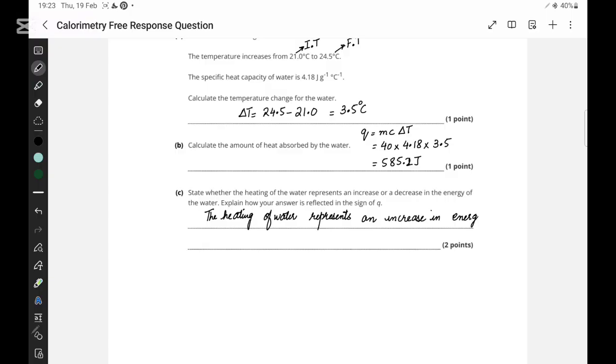What is the reason? The reason is that if Q is positive, then it represents an increase in the energy of water, which shows that water absorbs energy.